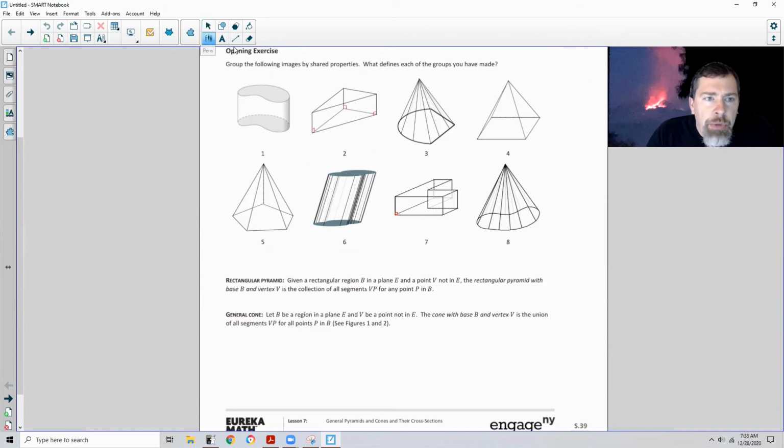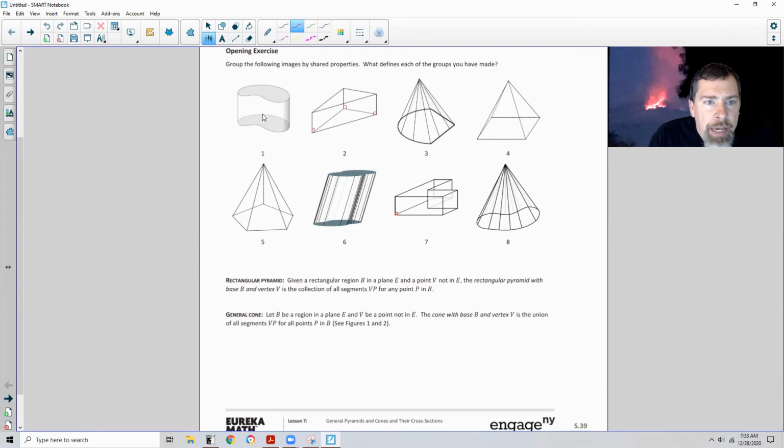And okay, so here we go. And if you read ahead, there's a bit of a hint. There's cones and there's pyramids, and there's what we were dealing with in module 3, lesson 7, which was doing horizontal slices to the base, giving us congruent shapes.